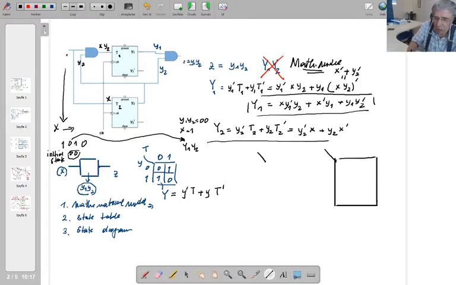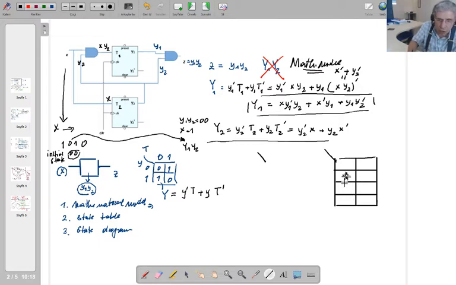Nice looking one. This is a 3-variable Karnaugh map. Because these are the functions that I'm going to transfer to that Karnaugh map. Once I transfer this to the Karnaugh map, it's going to be the state table.